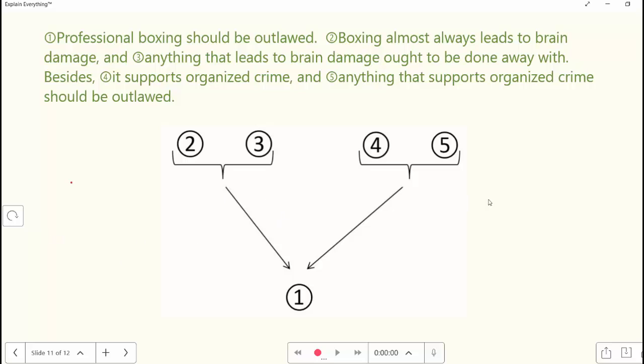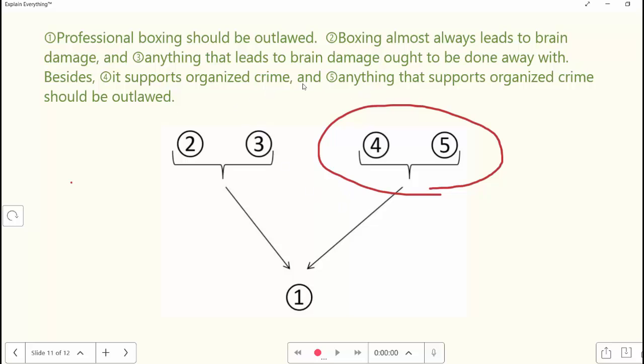And so not surprisingly, we see that 4 and 5 have to work together. If I take out that professional boxing supports organized crime, well, it's not enough to know that anything that supports organized crime should be outlawed, that's going to lead it to being true that professional boxing should be outlawed. It's only until I also know that professional boxing supports organized crime.